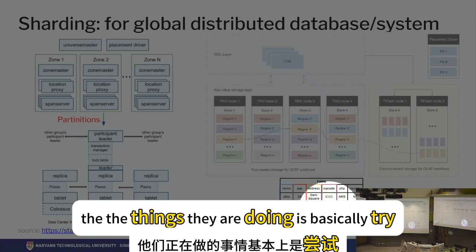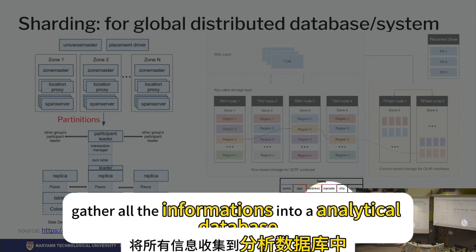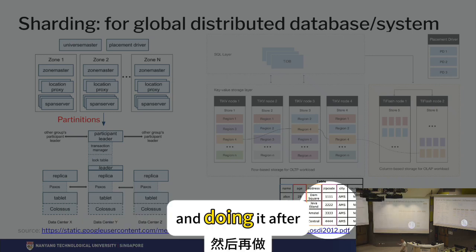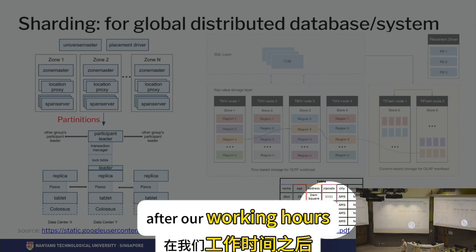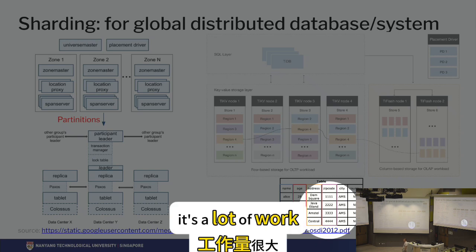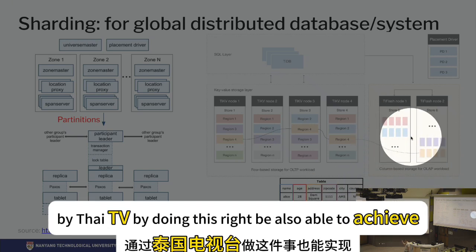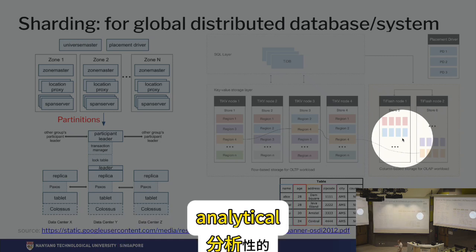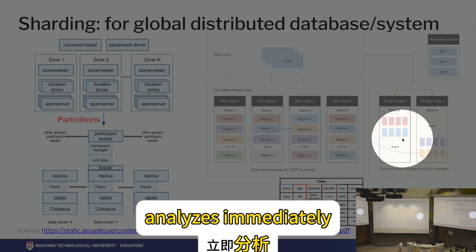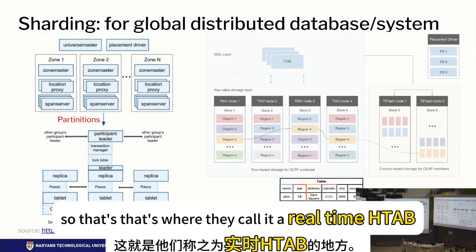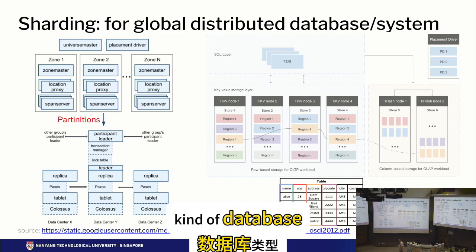What they are doing is basically gathering all the information into an analytical database, and doing it after our working hours. It's a lot of work. That's where with TiDB, we are also able to achieve analytical analysis immediately. So that's where we call it a real-time HTAP kind of database.